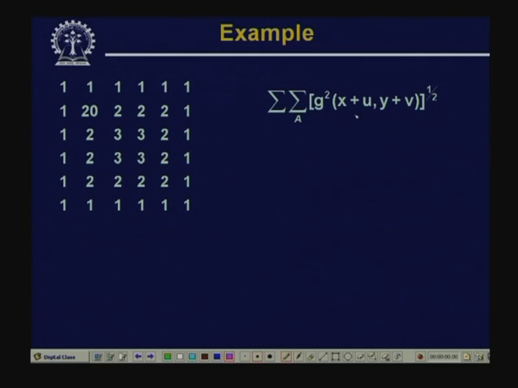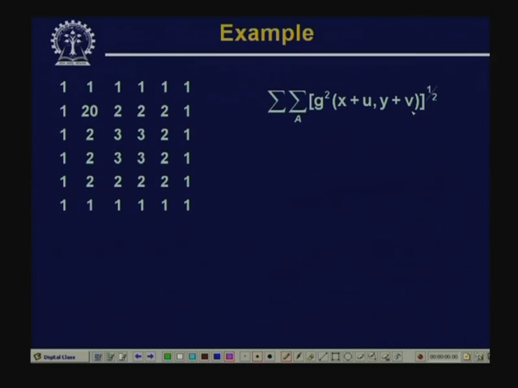This is the one that we have to compute for all possible shifts in the given image G, and we have to normalize the cross correlation that we compute with the help of this quantity.